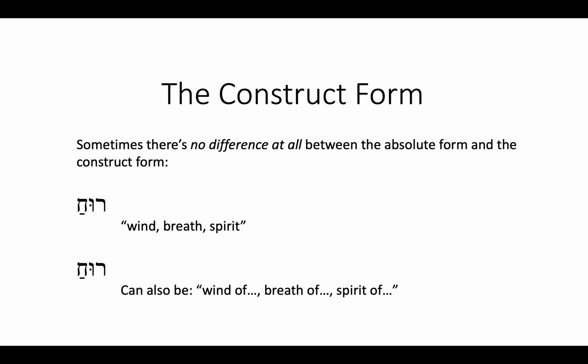But ruach can also be wind of, breath of, or spirit of. So in this case, the absolute form and the construct form don't differ at all. They just happen to be the same.